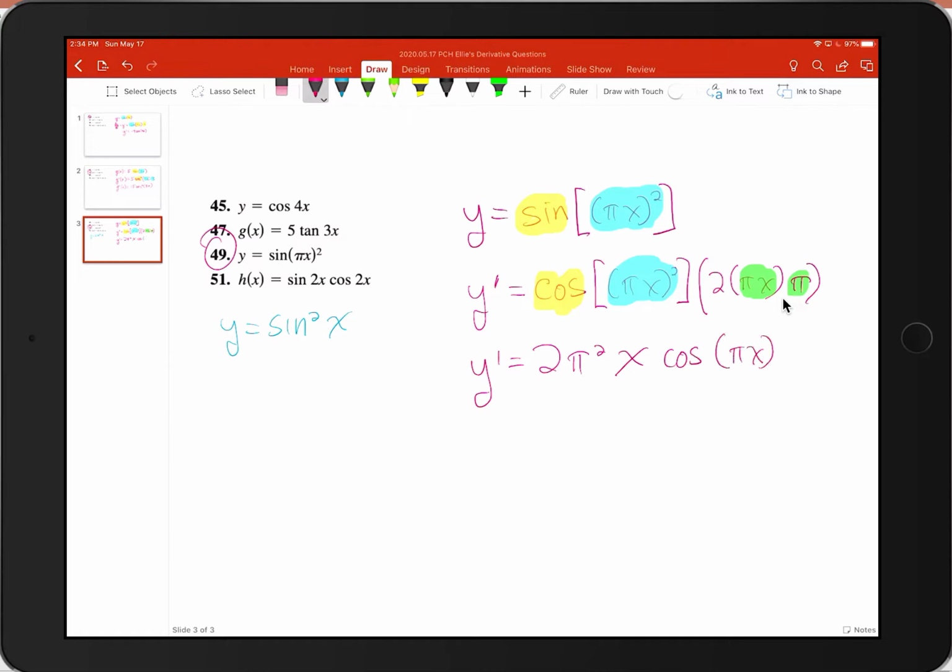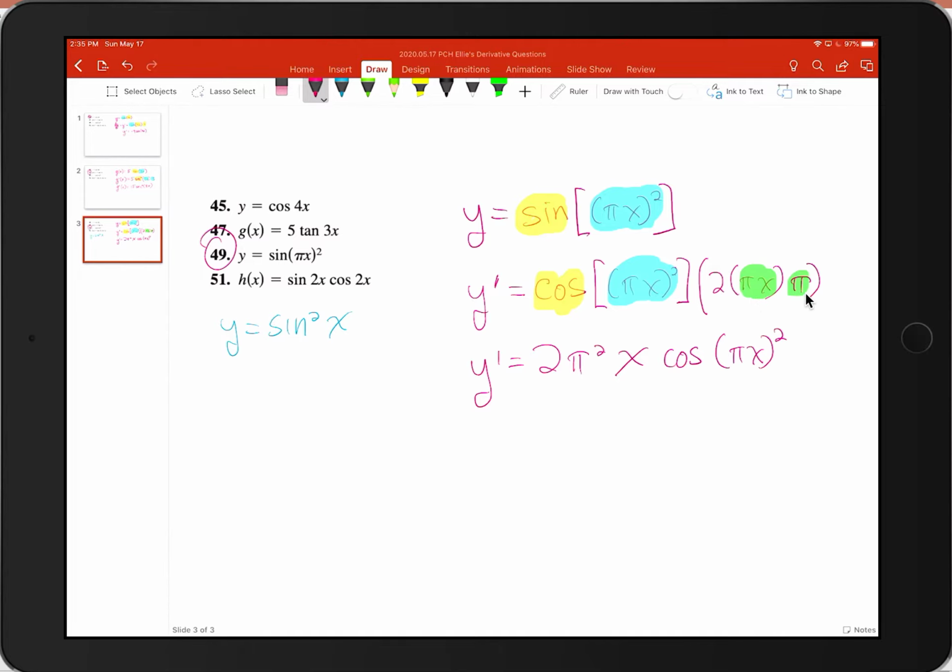pi of x squared. So we did something, we did nothing, then we did something, taking the derivative of the inside function, then the cycle repeated itself. We did nothing to this inside function, but we took its derivative and multiplied the whole thing by the derivative of the second inside function at the end.